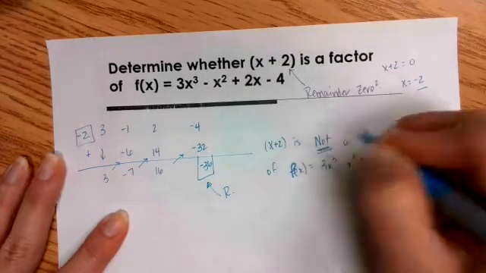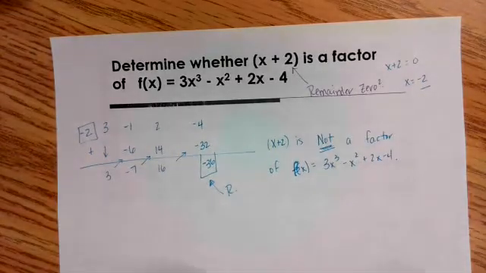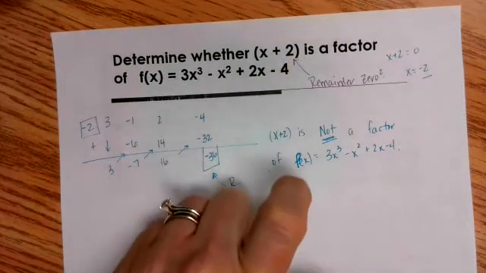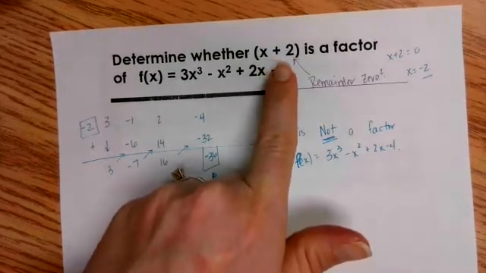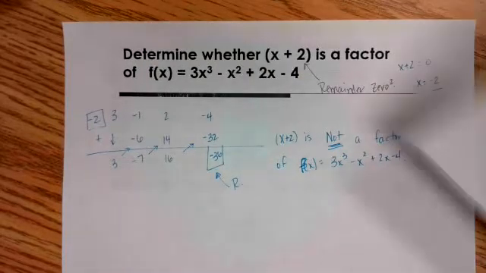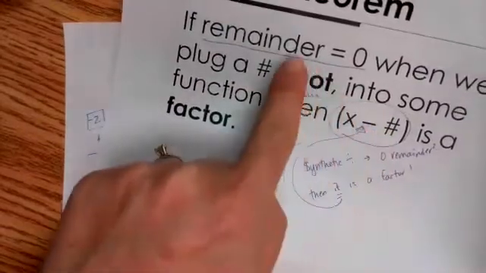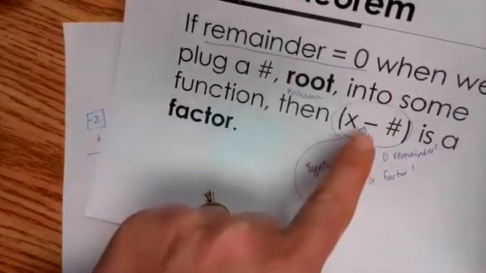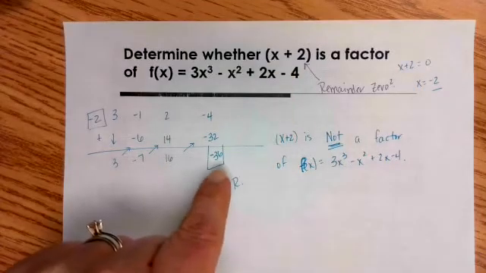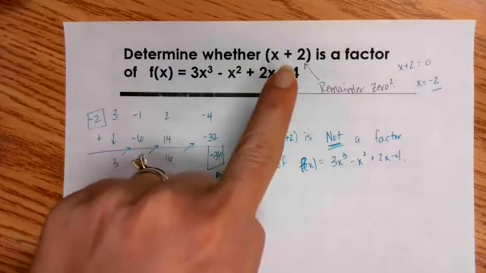So my answer is no. So I like to look at the graphs and see what happens. If x plus 2 was a factor, then that would be where it crosses the x-axis, because I can take a factor and set it equal to 0. So my factor theorem says that if it's a factor, then my remainder is 0, and I can get a solution. So since this isn't a factor, because it had a remainder, negative 2 is not a solution.